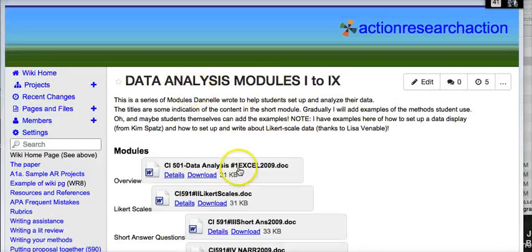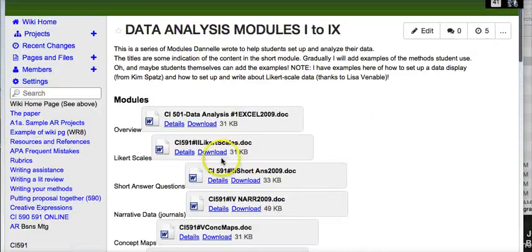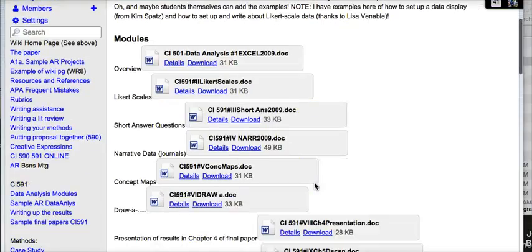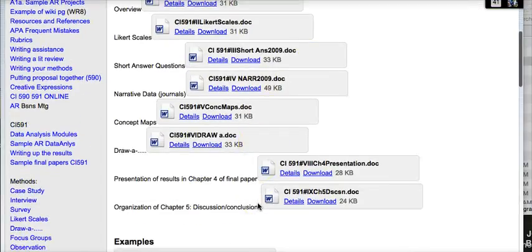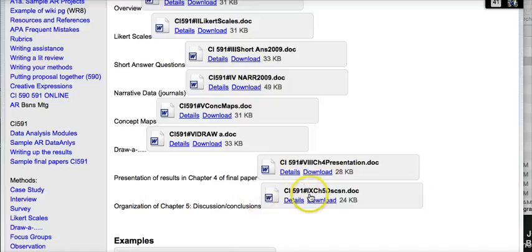These are the modules from 1 to 10. 1 is Likert scales, 2 is Likert scales, 3 is short answer, 4 is narrative, 5 is concept map, 6 is Draw a Scientist. 7 and 8, or 8 and 9, are really good ones about how to organize your results and also how to organize your discussion.